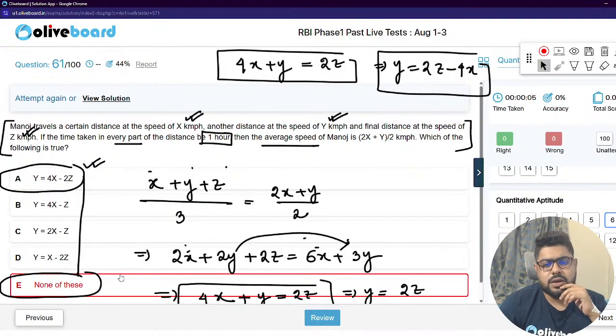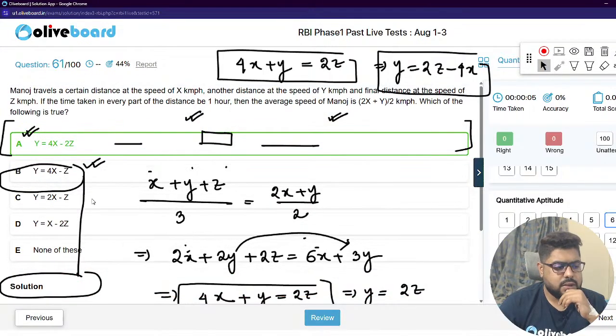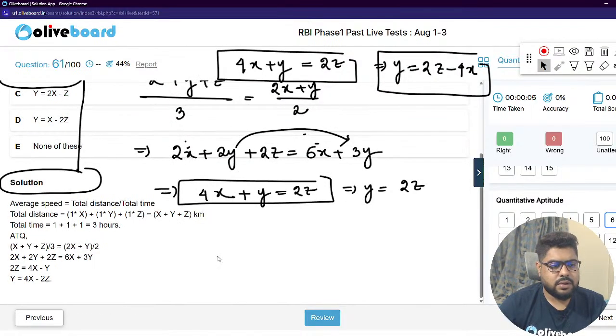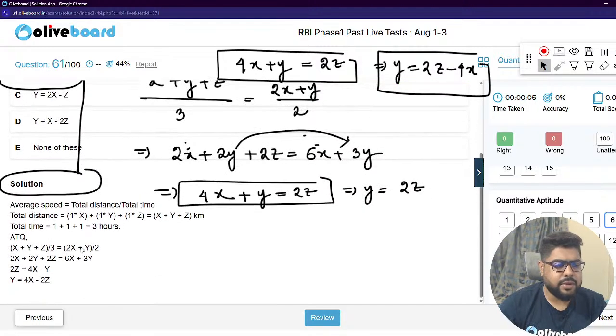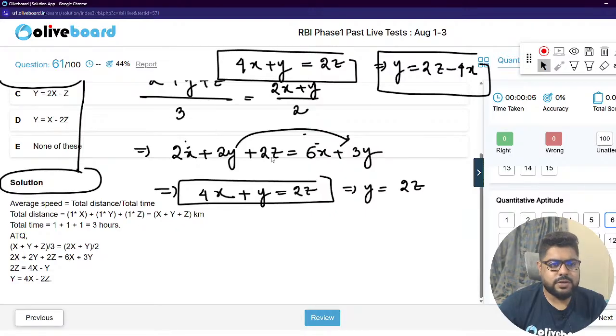None of this is correct. Look, 4x minus 2z is coming out to be the correct answer. Sir, something is not right. There is a calculation error. We also did the same, sir. 2x plus 2y plus 2z equal to 6x plus 3y. Same line.